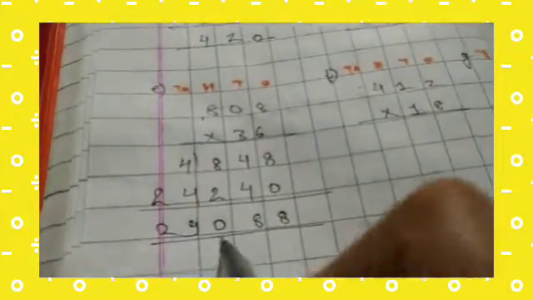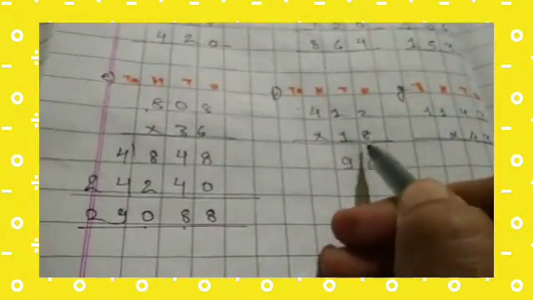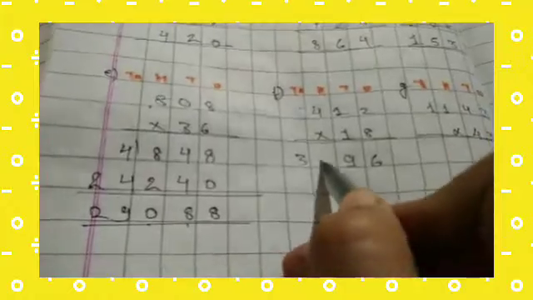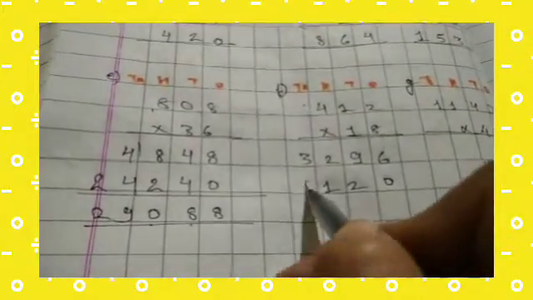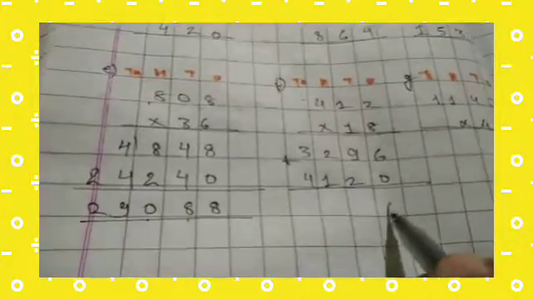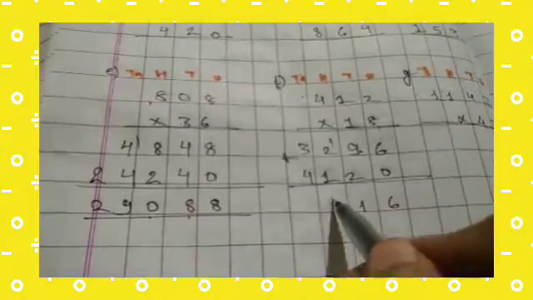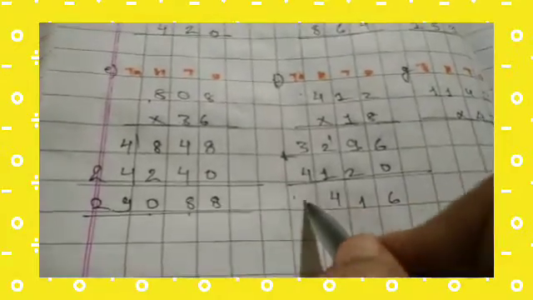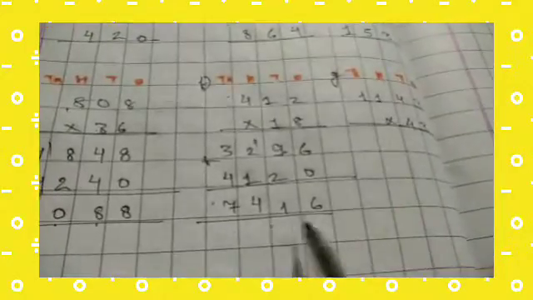So 29,088. Now 8 2s are 16, 6 carry 1, 8 1s are 8, 1 9, 8 4s are 32. Put a 0 across, 2 1s are 2, 2 1s are 1, 1 4s are 4. Now add this up, 6, 9, 1 carry 1, 2 and 1 3 and 1 is 4, 4 5 6 7. Okay, so answer is 7,416.